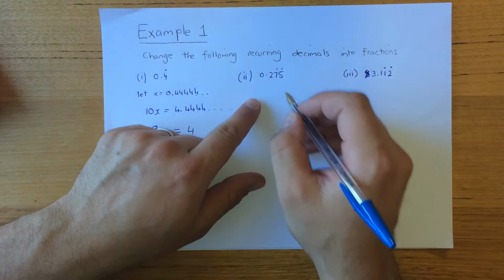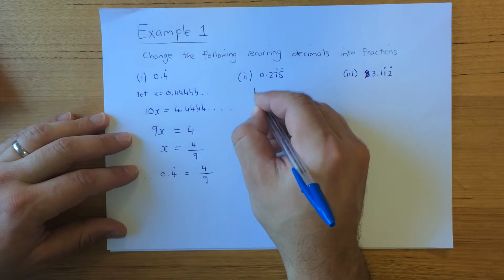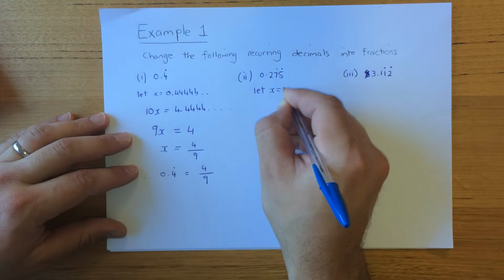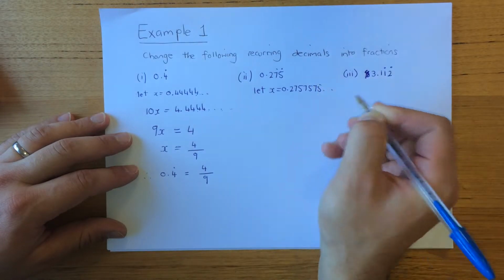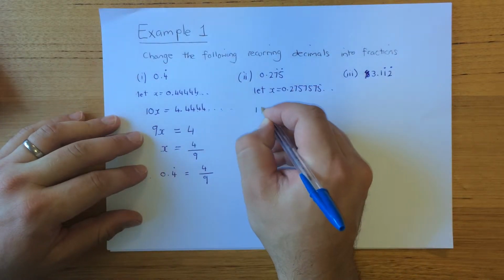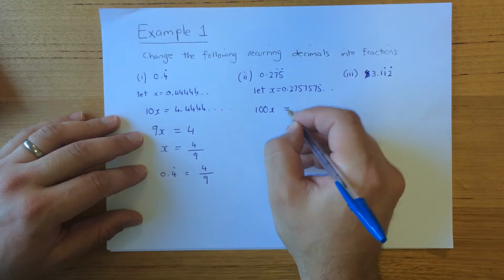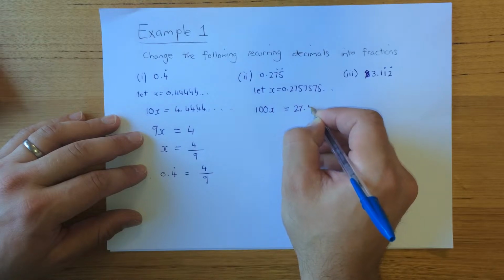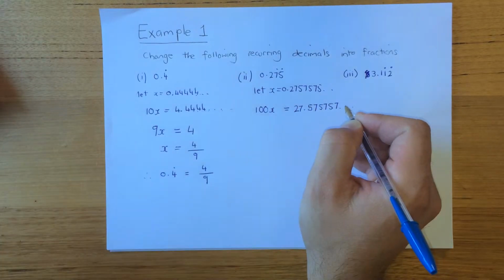The next one, 0.275 repeating. Once again, we're going to let x equal 0.2757575 and so on. There are 2 repeating digits, so I'm going to multiply by 10 to the power of 2, which is 100, both sides, and I get 27.575757 and so on.